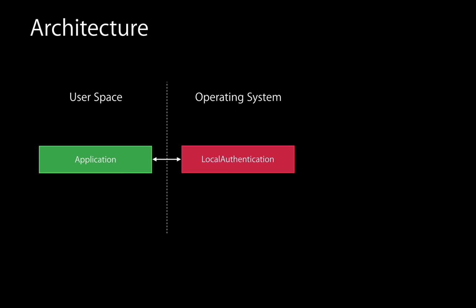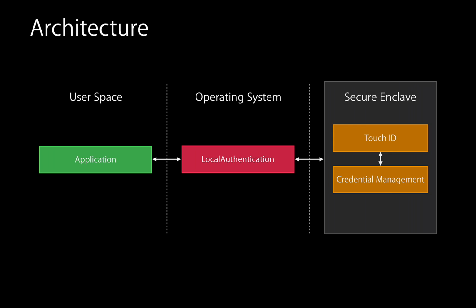So any application can call policy evaluation inside local authentication, and the local authentication will start the operation inside Secure Enclave, and this way you can initiate the Touch ID operation and get the result even without direct contact with Secure Enclave.